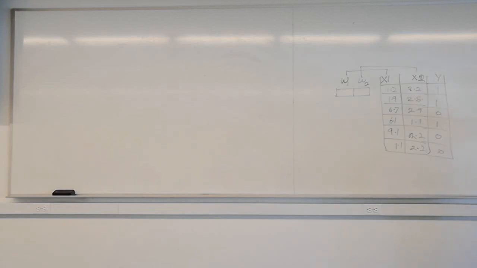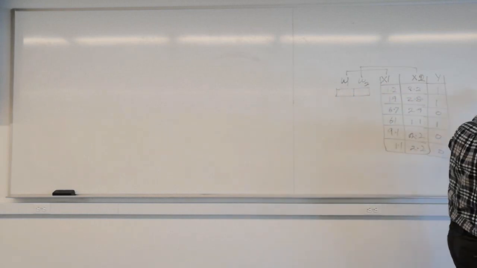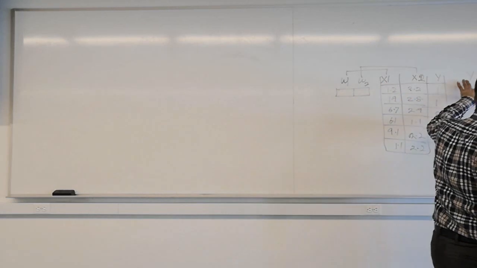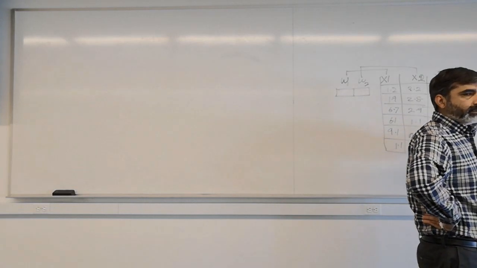You have weight 1 x1 plus weight 2 x2 plus, if you have 20 inputs, there will be 20 weights, and this linear combination or weighted sum is doing something. It is taking every input, multiplying with the corresponding weight vector, and we get the projection, linear projection of inputs onto some linear space.